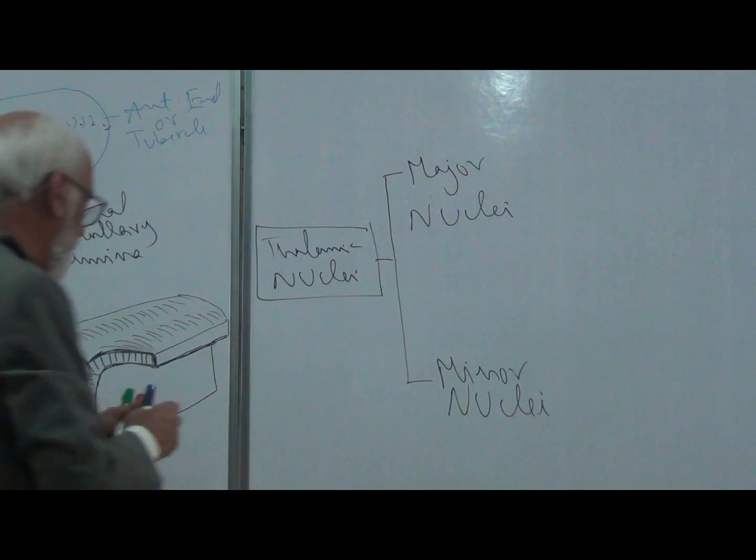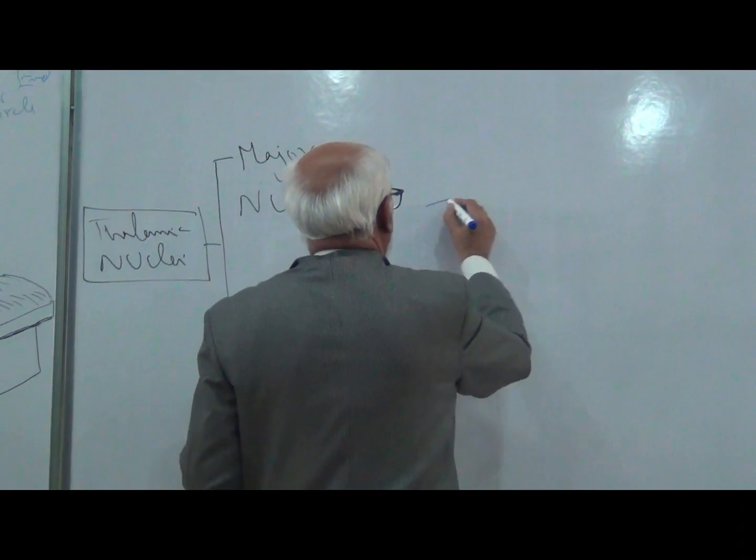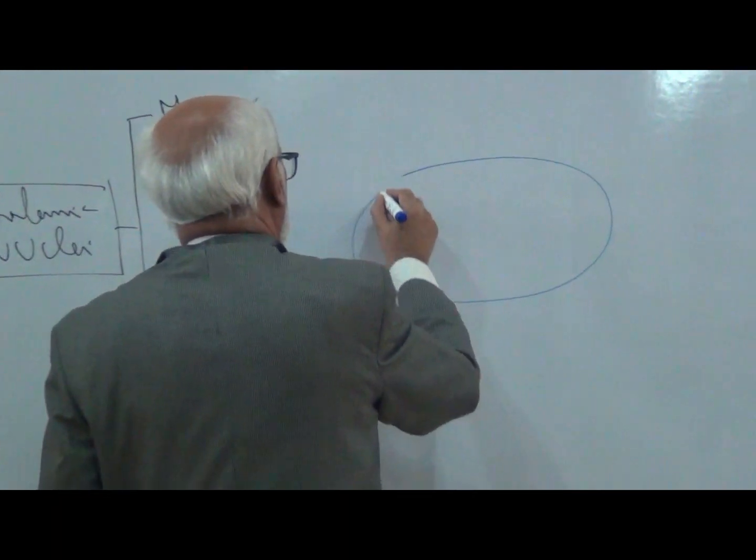Now major nuclei, we draw again horizontal section through the thalamus.